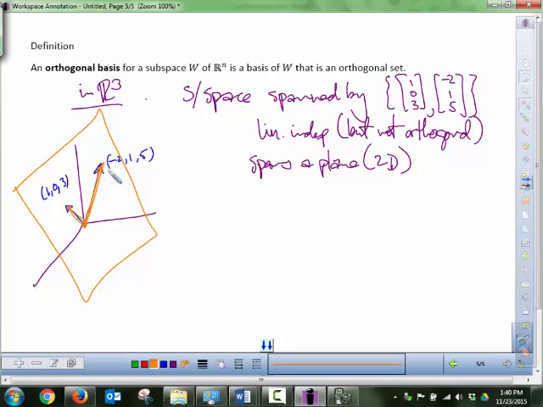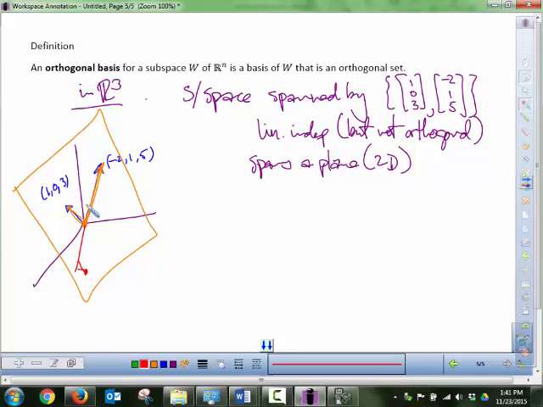Now, those two vectors form a basis where it gets to span the whole plane. That means if I pick any point on the plane, I can get to that point by having a linear combination of these two vectors. Do you understand that part? That's some fundamental understanding that we should have known.